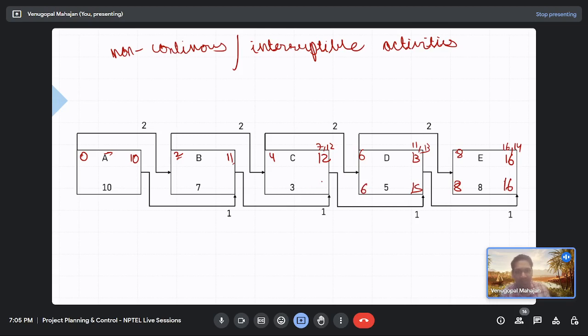Then what about activity C? 14. 6 minus 2, 4. What about activity B? 13. 4 minus 2, 2. And activity A? 13 minus 1, 12. 2 minus 2, 0.